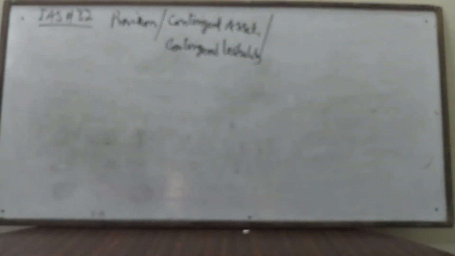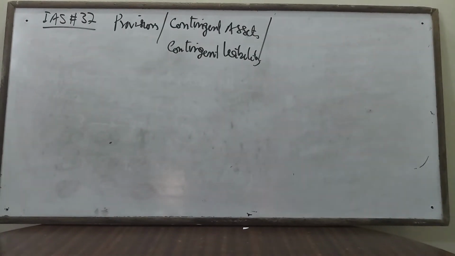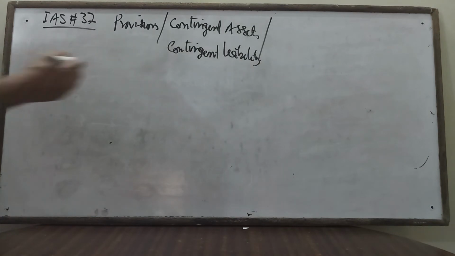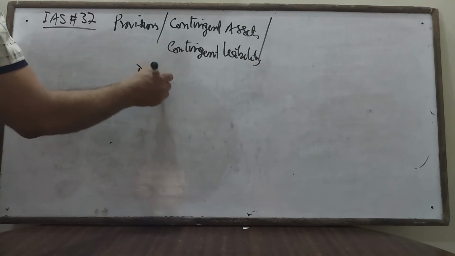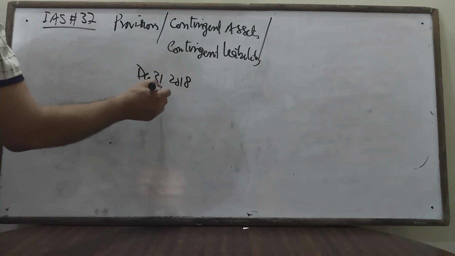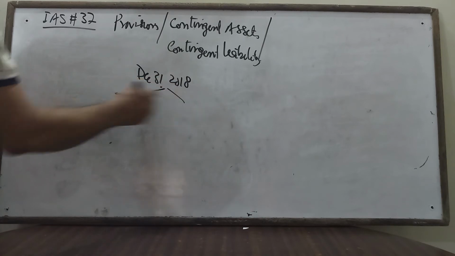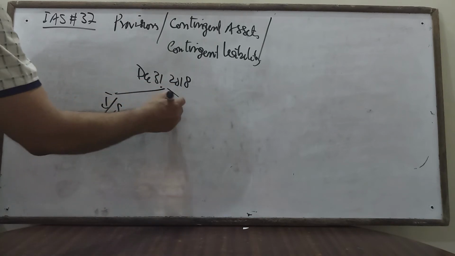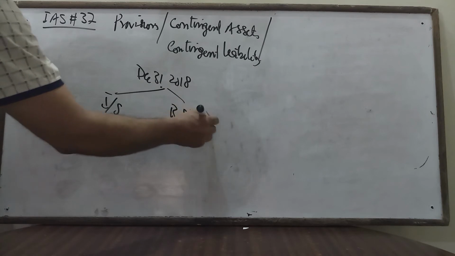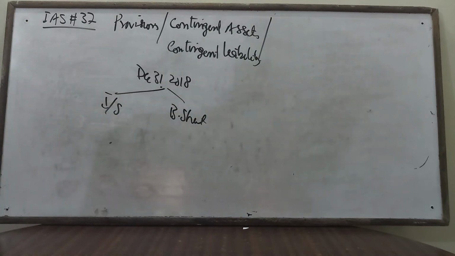Contingent क्या होता है? Contingent बोलते हैं uncertainty को, uncertain which is not known: contingent asset and contingent liability. ठीक है. For example, at December 31st 2018 you're going to make your income statement and the balance sheet. And there is a case put against the company.